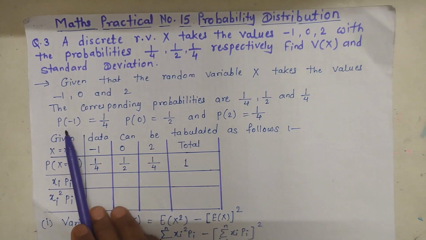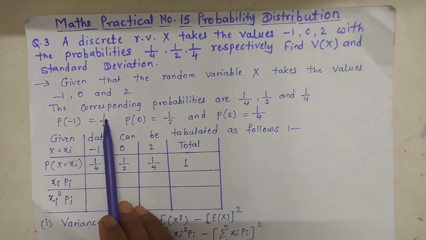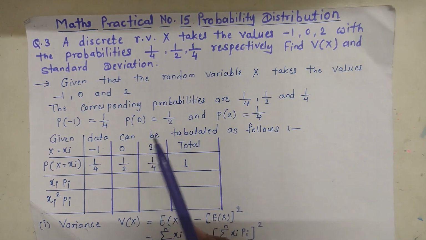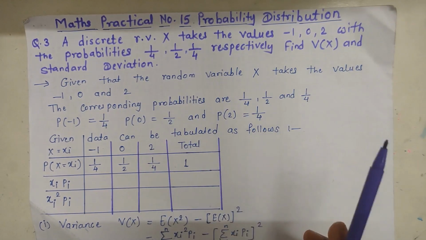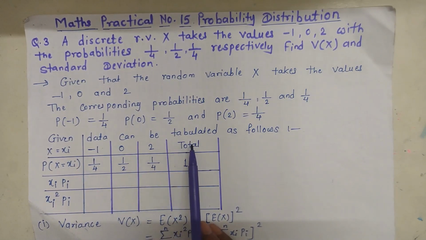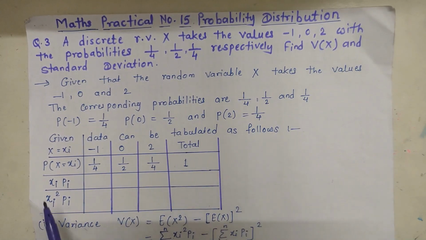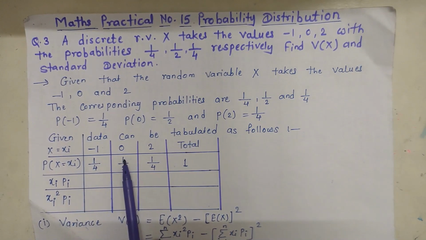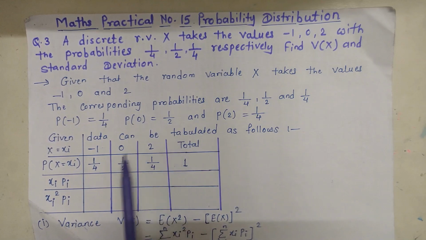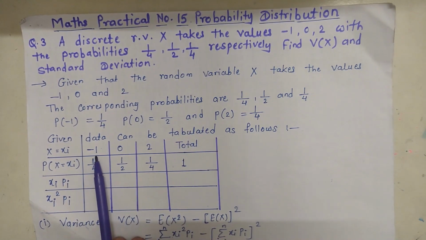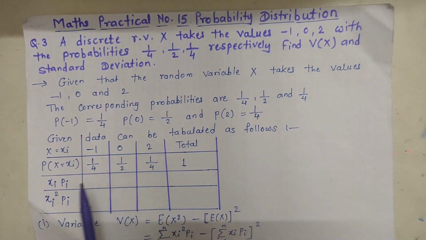So we can write probability of -1 is equal to 1/4, probability of 0 is equal to 1/2 and probability of 2 is equal to 1/4. The given data can be tabulated as follows. The first row shows the values of random variable xi, which are -1, 0 and 2.